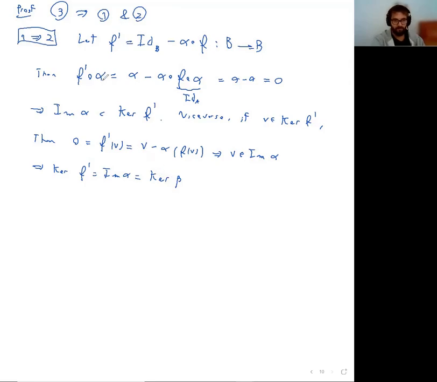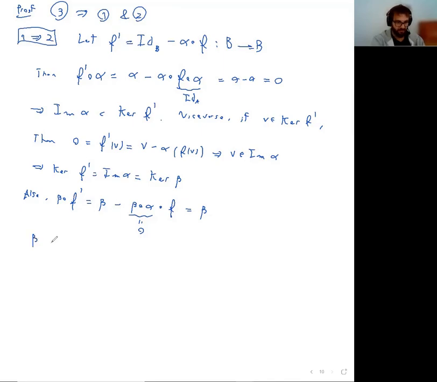So now we pre-compose with alpha. What happens if instead we post-compose with beta? Beta composed with F prime is beta, by definition, minus beta composed with alpha composed with F. But beta composed with alpha, again because the sequence is exact, is 0. So this is simply beta. What does it mean?